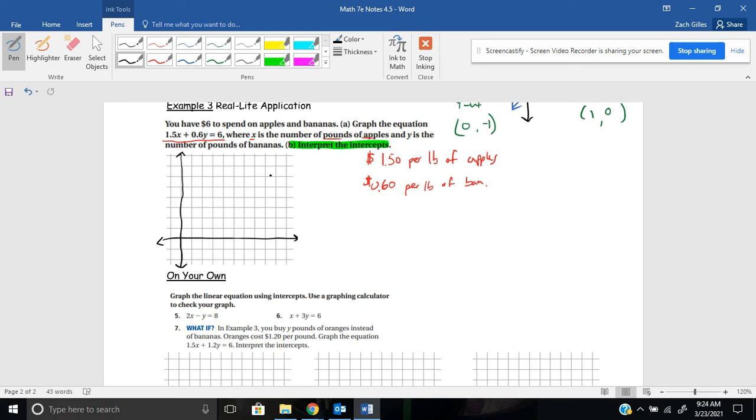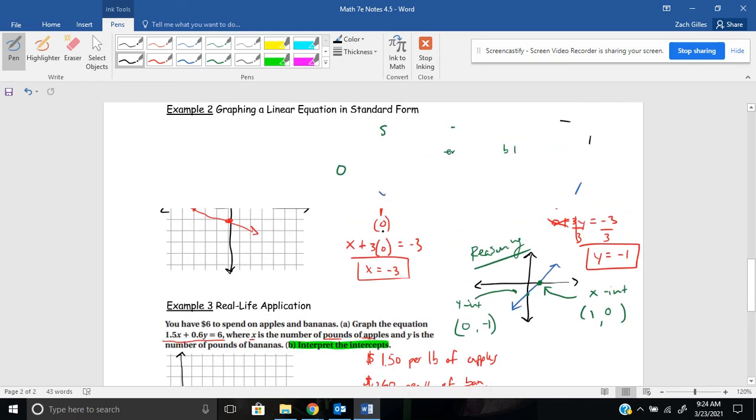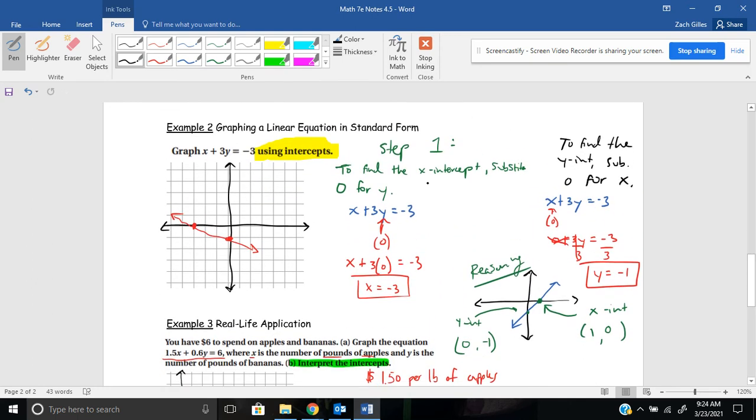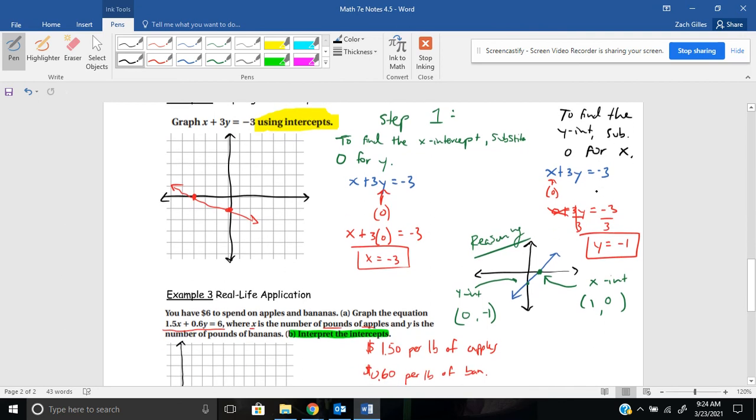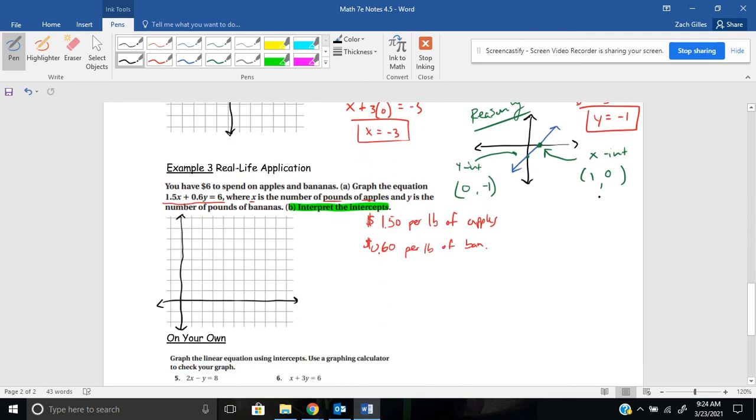And the method I'm going to do is, like we just did, find my x and y intercepts. So to find my x-intercept, I'm going to plug in 0 for y.